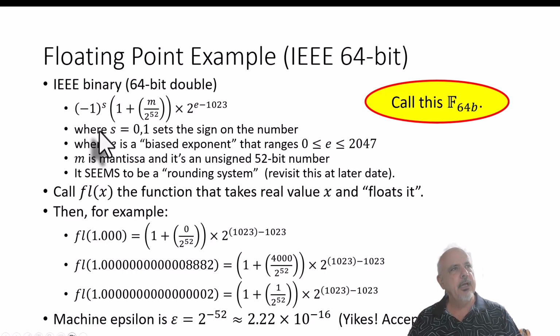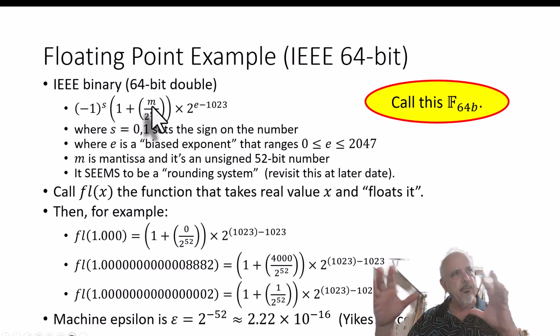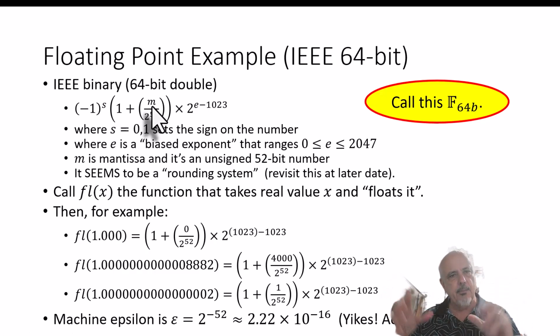So our S is going to be 0 or 1, the sign bit. Our M is the mantissa, and we can think about it this way: that hidden 1 kind of snuck over here, and our M is going to be our 52-bit mantissa.